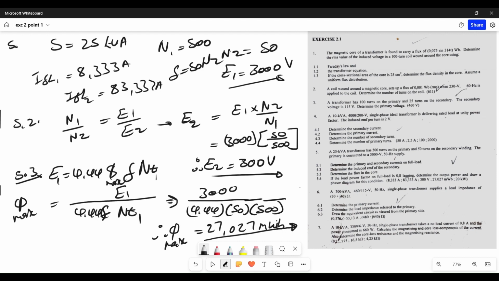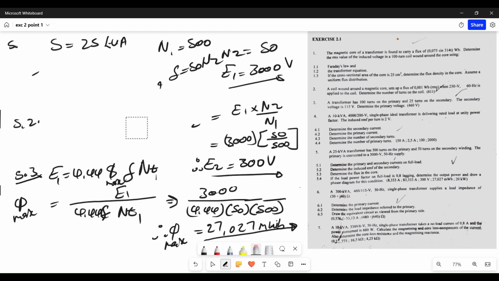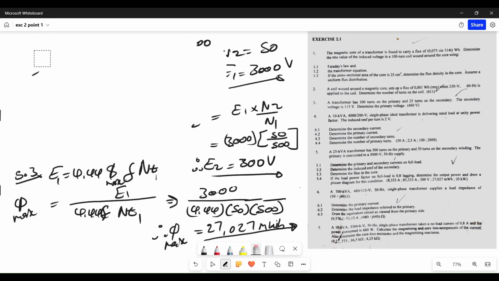So you can use E1, and here in this case we used E1. I'd like to show you if you decide to use E2, it's also possible, you'll get the same answer.